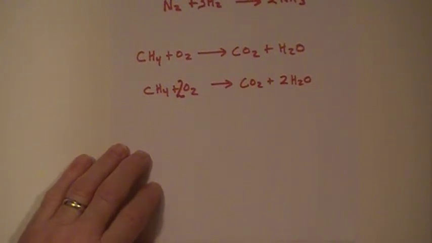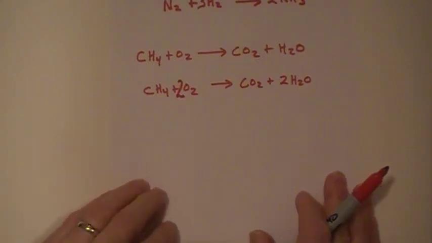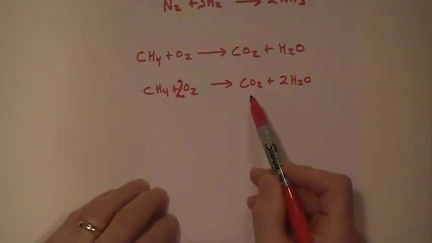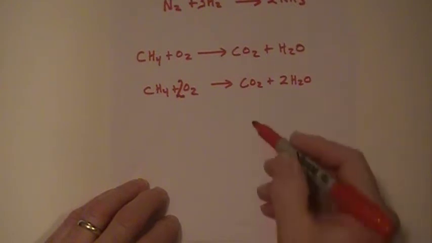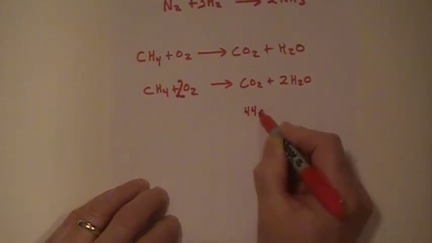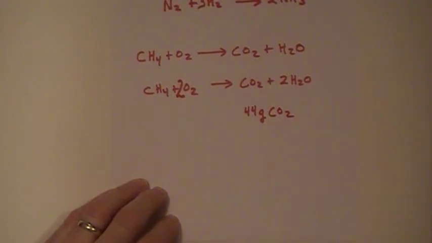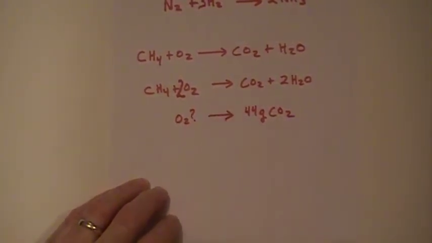Now someone might ask us the following question. How much oxygen do I need to generate a certain amount of carbon dioxide? So for example, we could say 44 grams of carbon dioxide. How much oxygen do we need to get 44 grams of carbon dioxide in the product?